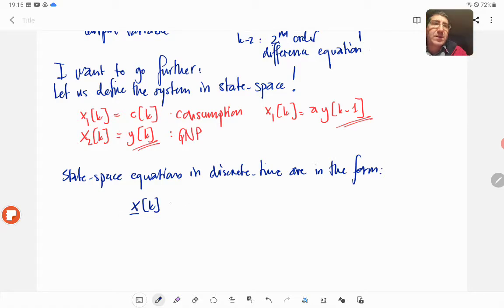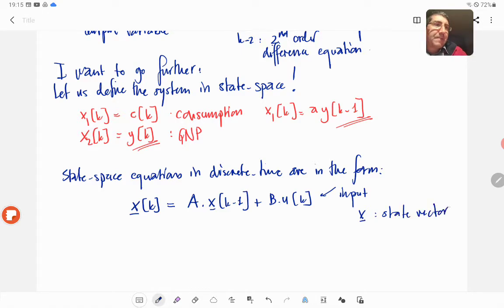This is the state vector, it has to be equal to A times x at the previous step plus B times u at time k. Okay, this is our input, and x is the state vector. In this case, because we have two states, A is a 2 by 2 matrix, and because we have one input, B should be a 2 by 1 matrix.